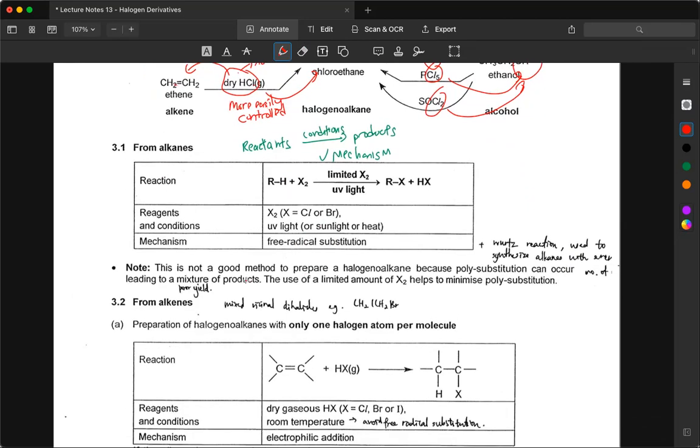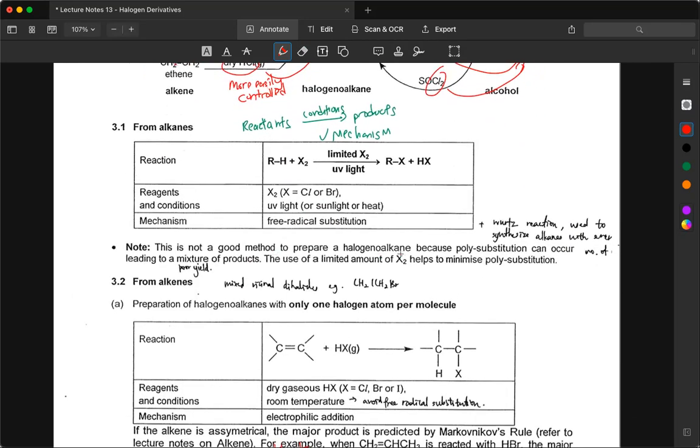However, this is not a good method because poly substitution can occur, leading to a mixture of products. Hence, the yield of the desired product will be low. The use of a limited amount of the halogen will help to minimize poly substitution.